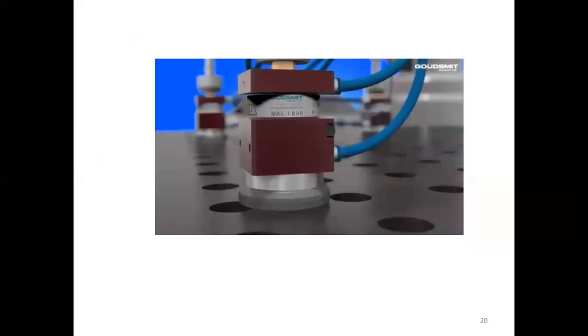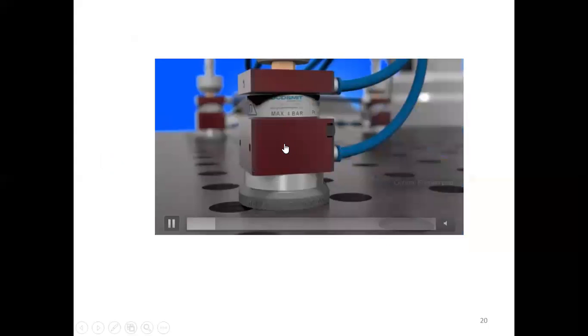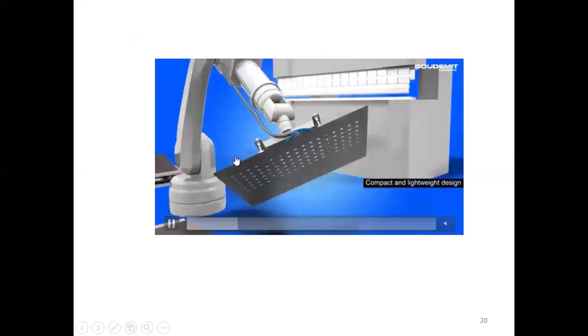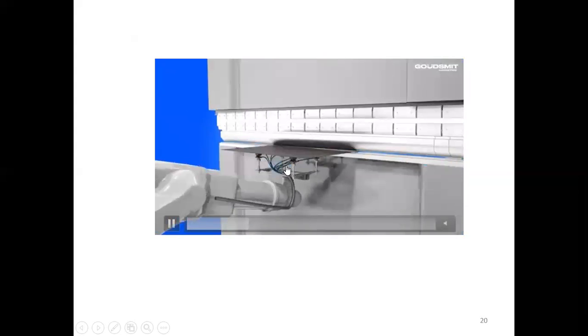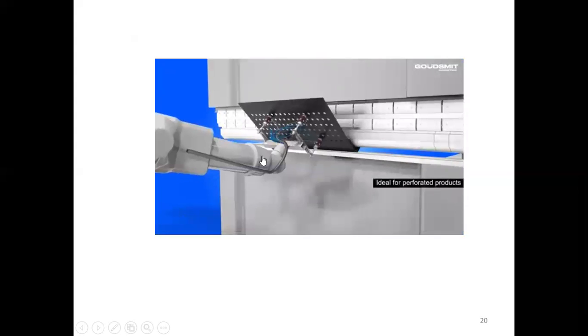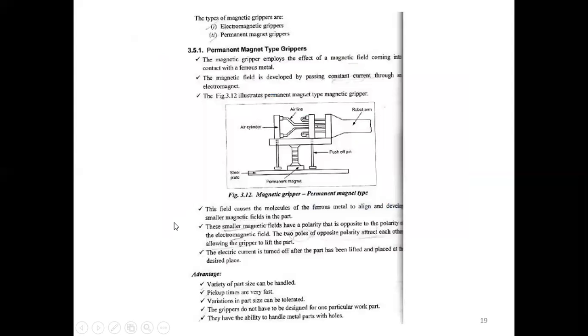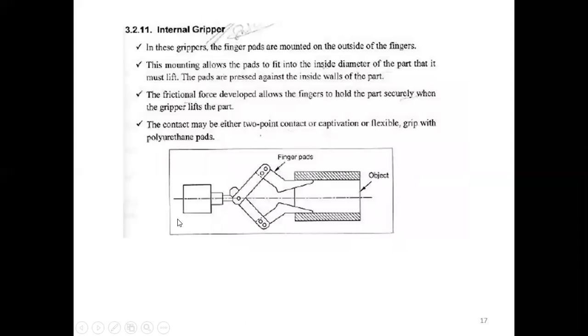This is also an example of a magnetic gripper, but it makes contact externally, so we can call it the external concept, because all the fingers are attached to the external surface of the material or object. So these are the two types of grippers used in this type.